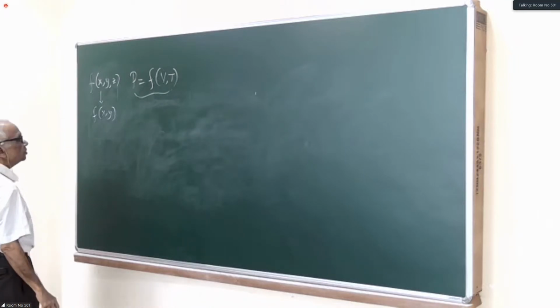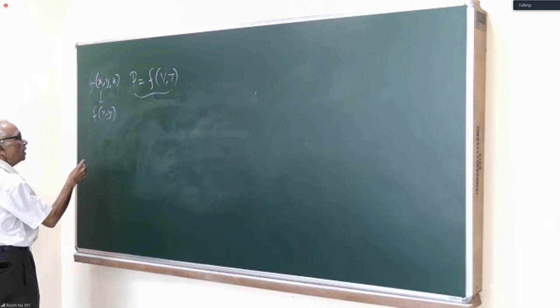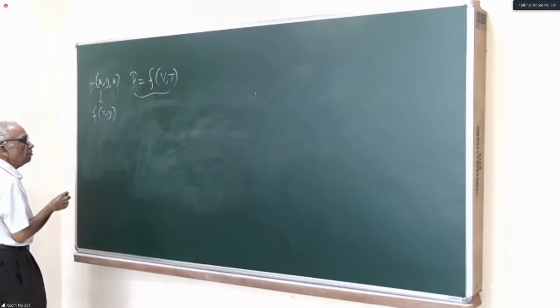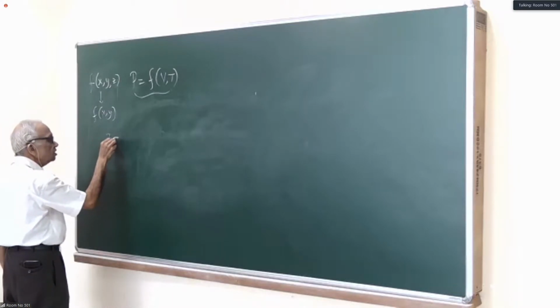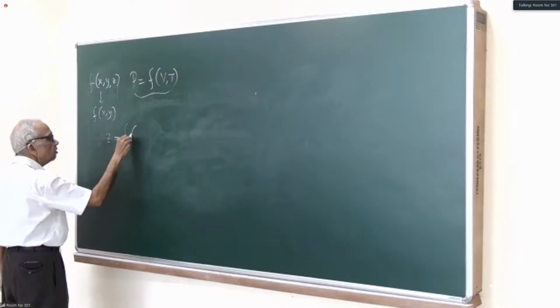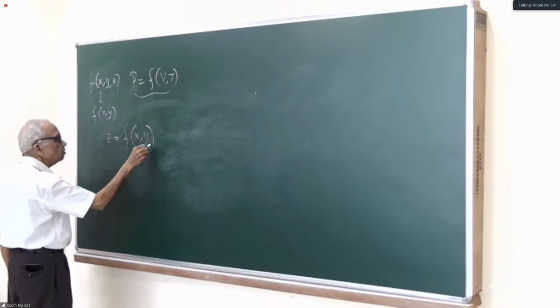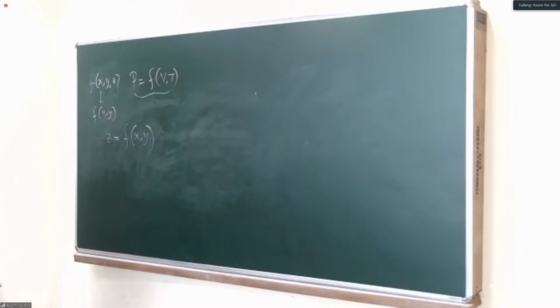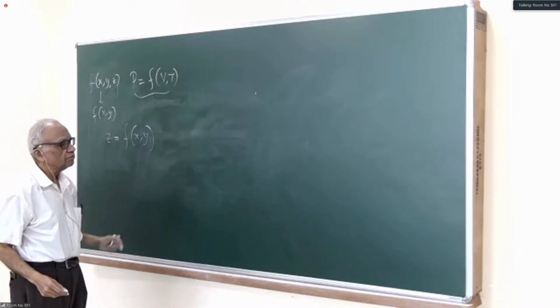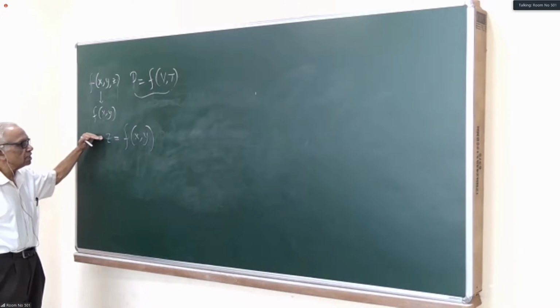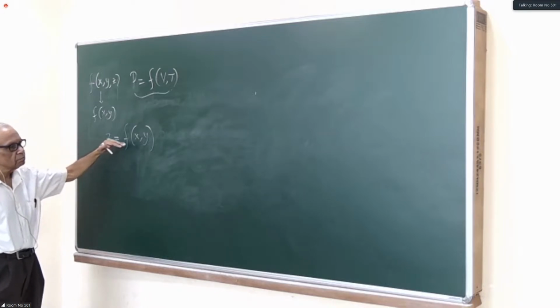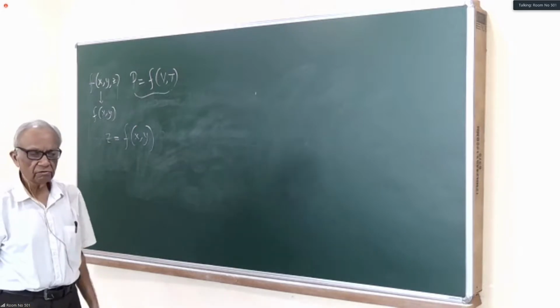So my interest is going to be in a situation where z is a function of x and y. Just as P is equal to some function of V and T, the prototype that we will be talking about is z equal to some function of x and y.